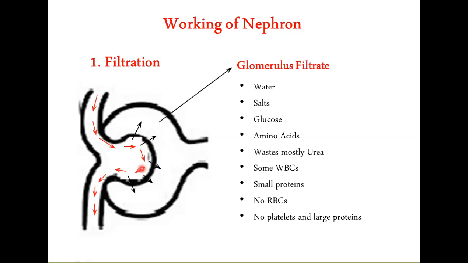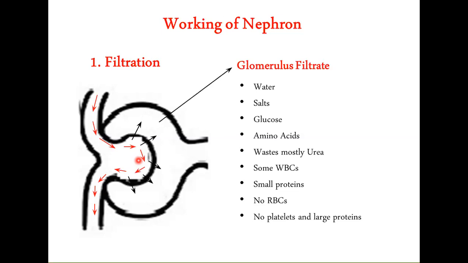Number one, a fraction of the blood pressure reaching here will provide the filtration pressure that allows filtration to occur. And number two, the walls of the glomerulus capillaries are porous, which allows filtration to take place. This is the first step of urine formation.